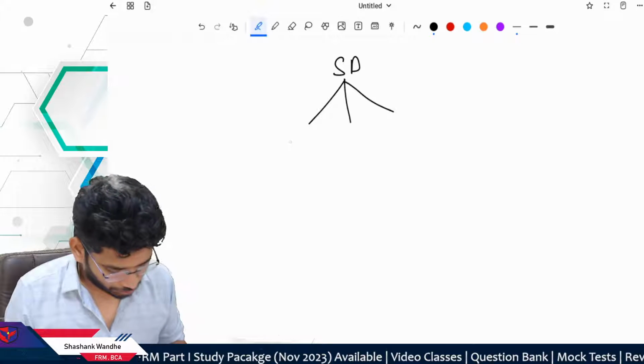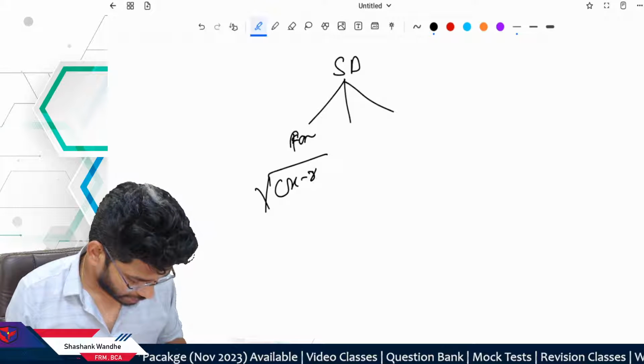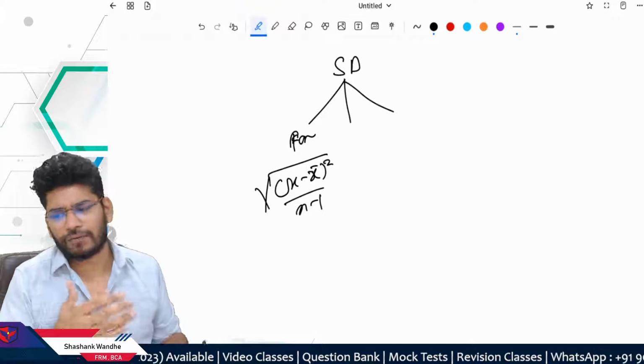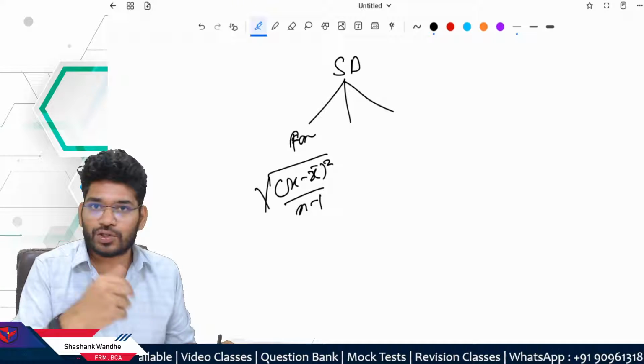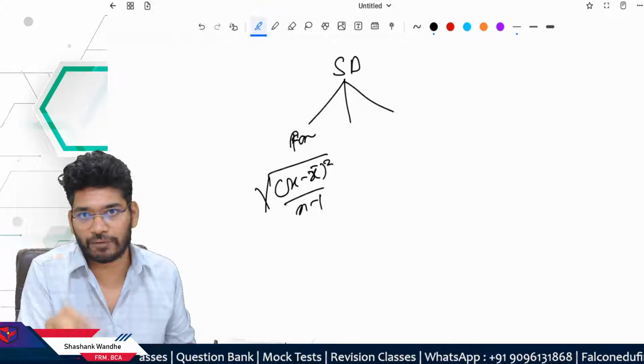So we know there are 3 approaches. First, the formula, and we already know what is the formula, x minus x bar square divided by n minus 1. This is the first formula. If you get a question which requires you to use the formula, don't use the formula, directly use the stat function in your calculator, feed the values and get the answer.